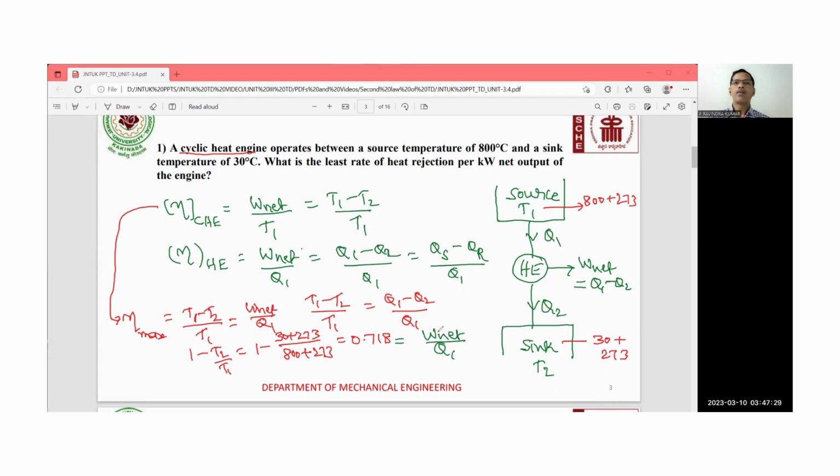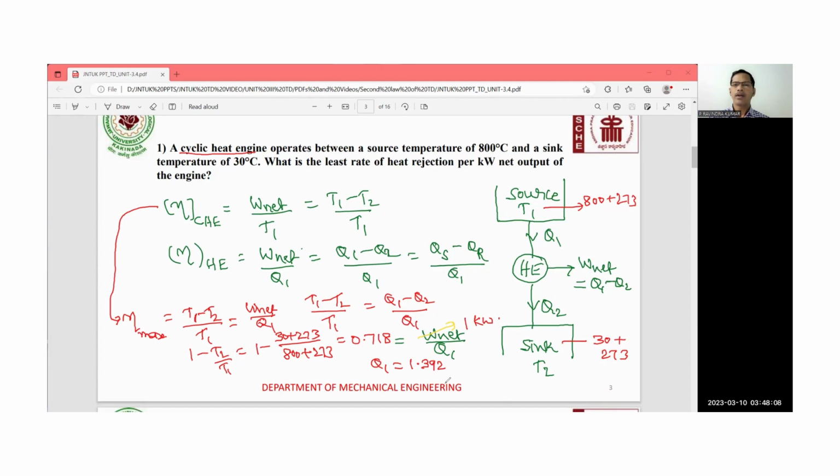What is the least rate of heat rejection per kilowatt net output? W net is given as 1 kilowatt. So from this case, you can get Q1, which is 1.392.